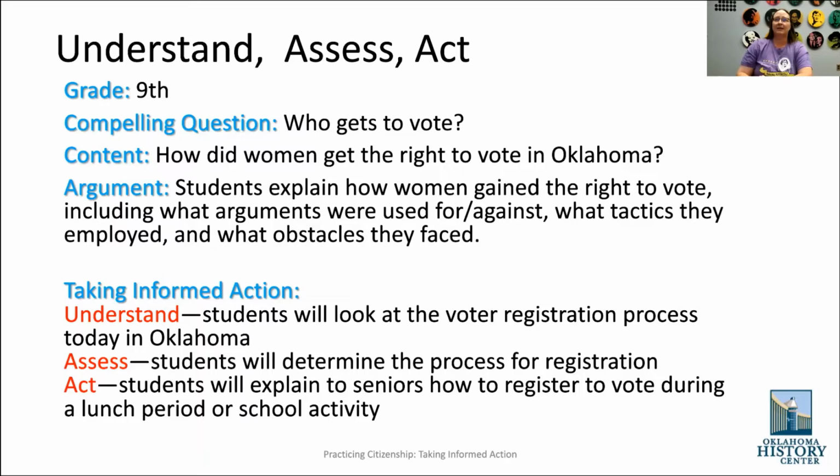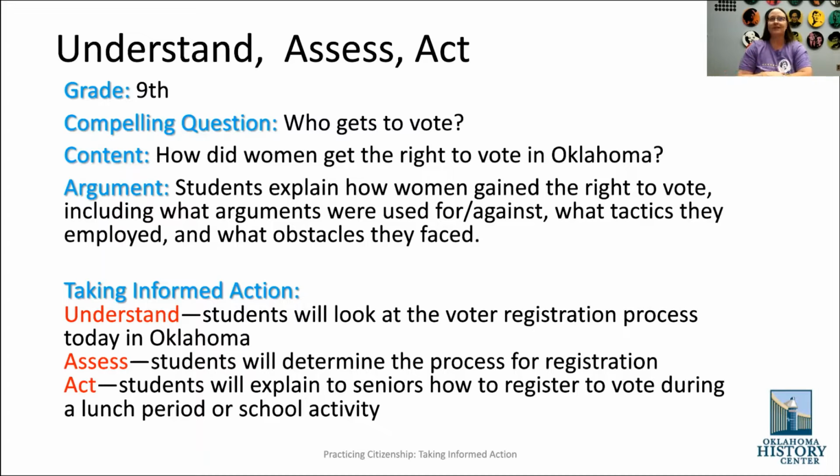Once they've done that, a way that you could have students take informed action, they're in a high school, so they can look at the voter registration process today in Oklahoma and study how other people need to register to vote.